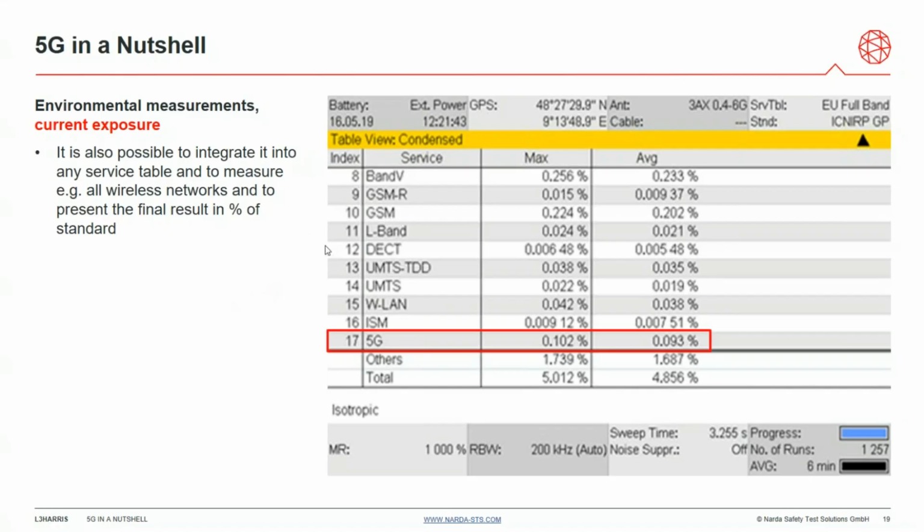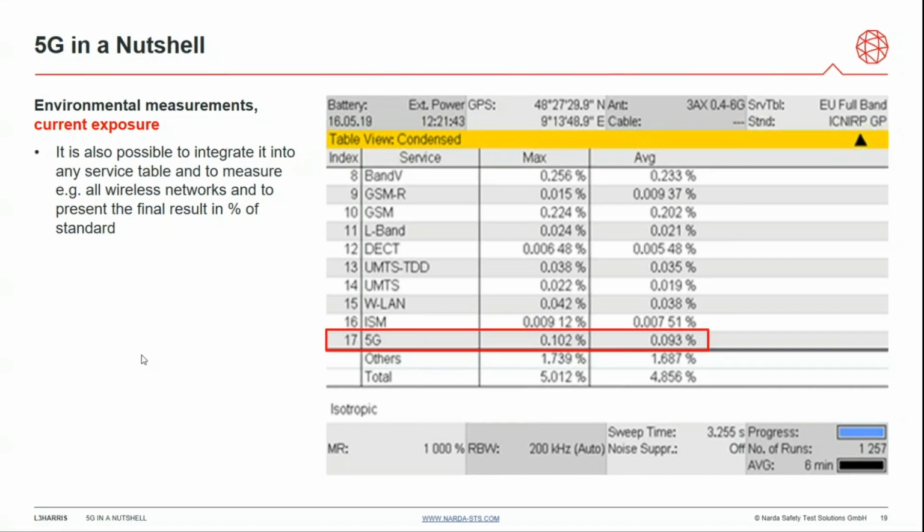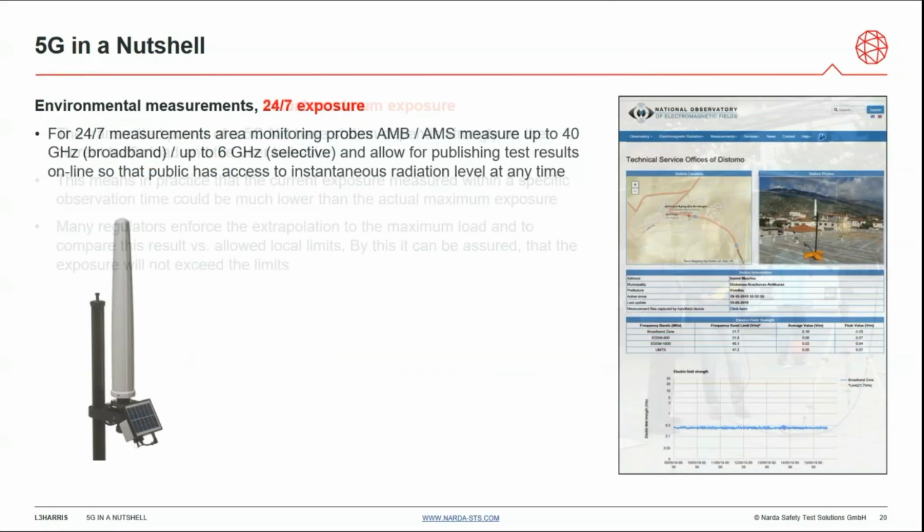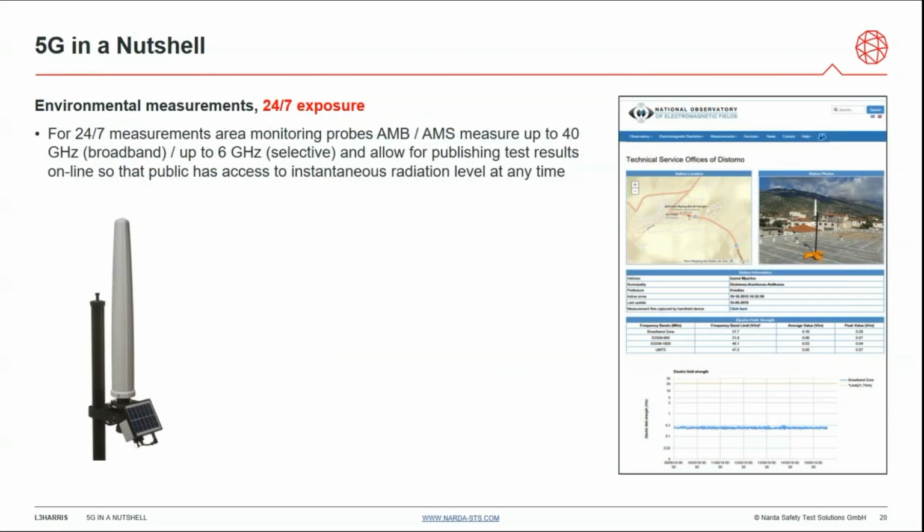Here's now also the picture to the comments I just made. So that is where we started a month ago with the measurement of the current exposure, and also with a 24/7 measurement possibility with the EME area monitoring probes, the broadband probe and the selective probe.